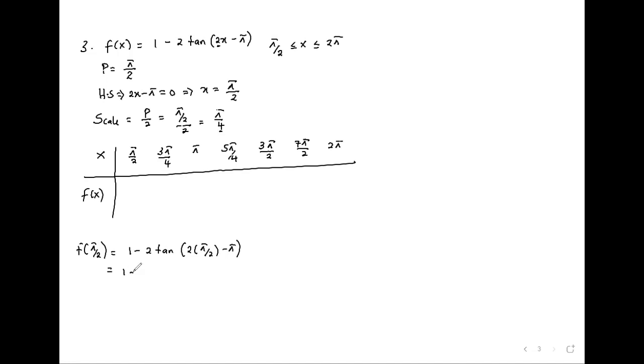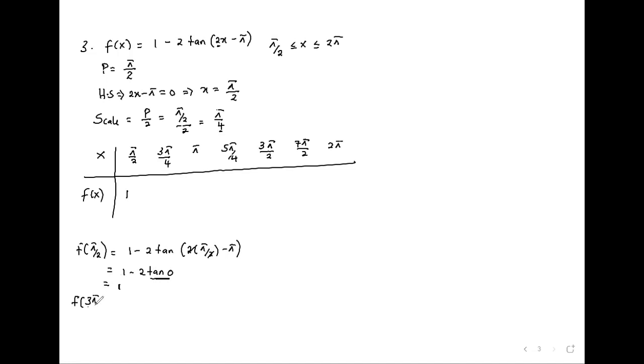This will be 1 minus 2, and these 2's will cancel, and pi minus pi is just 0, and tan 0 is 0, so we get 1. So we have 1 here. So it means the next one is going to be undefined, but we'll prove it so that we don't guess.